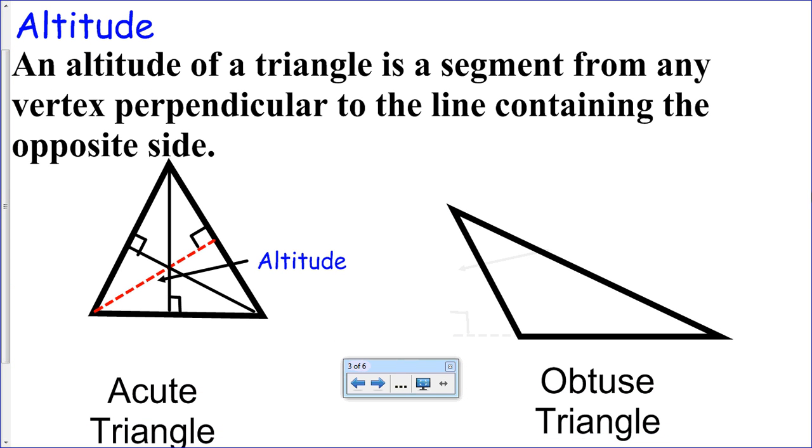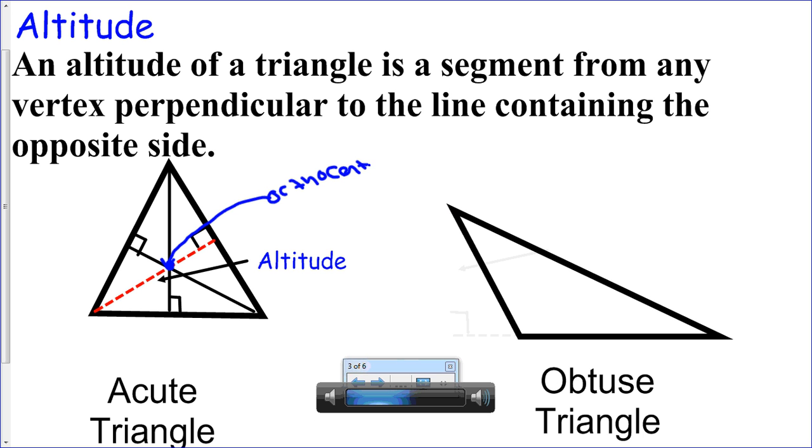So our orthocenter is right over here. That's our orthocenter. And it's where the altitudes intersect, and it's also called the point of concurrence. Or that's where it is said that the lines are concurrent.